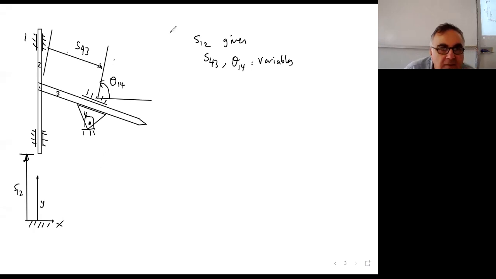Now, let me draw it in some other color, which will not be too difficult to see. Let's call this point A. Let's call this fixed point B0.